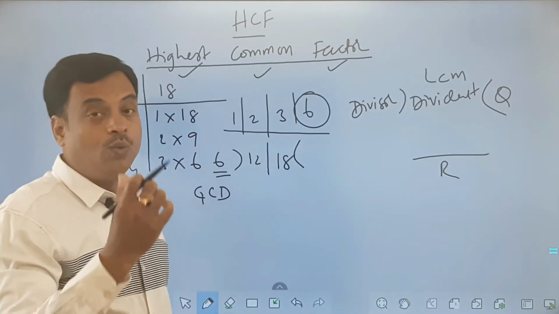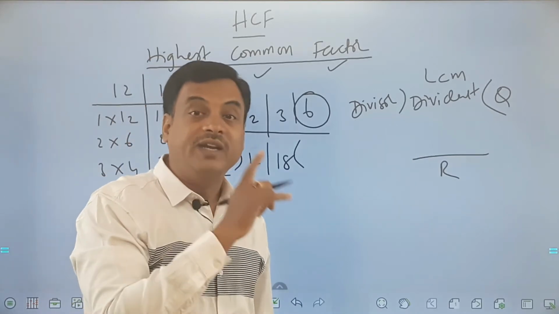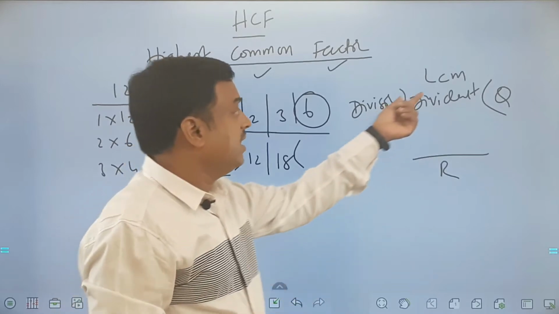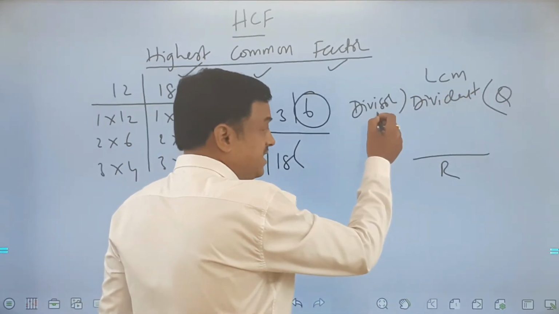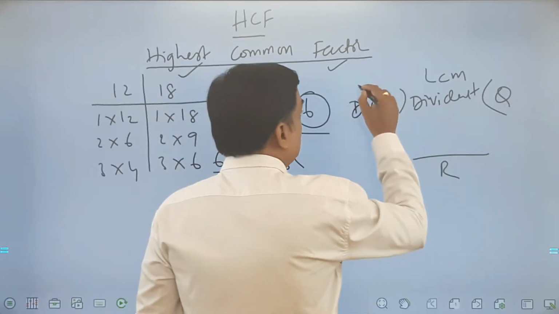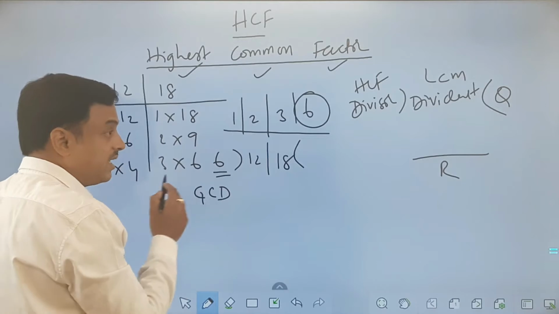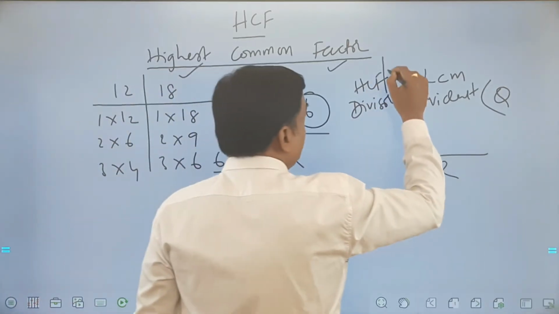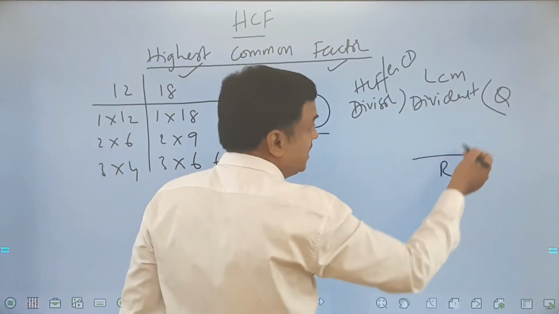So whenever, after reading a question, you think that the dividend value is being asked for, then he is asking for LCM. If he is asking for a divisor value, then it is HCF. That is why, if you see, greatest common divisor is a divisor position. So HCF is also called GCD.